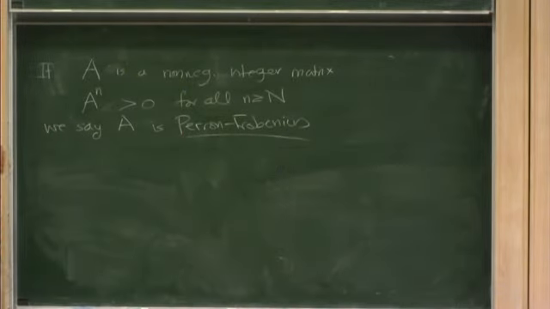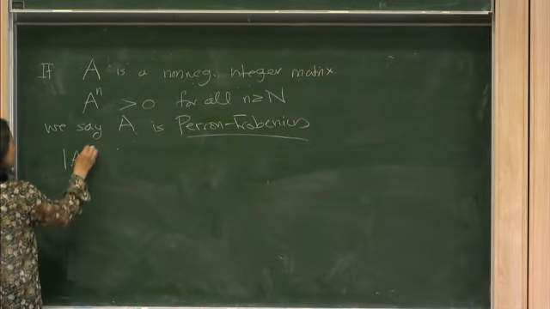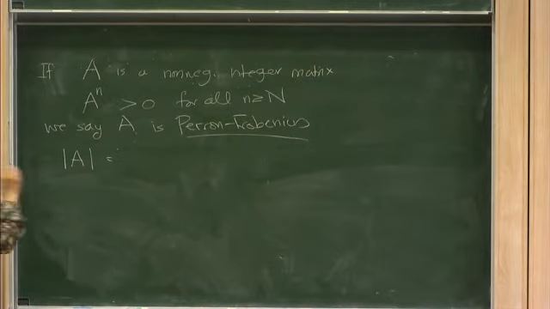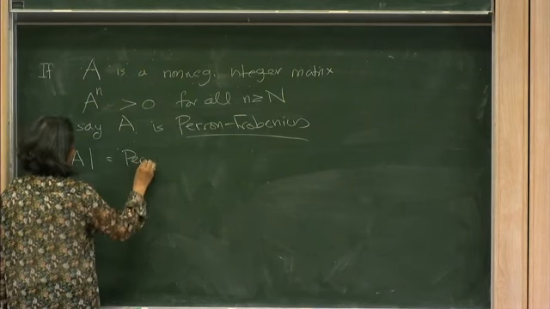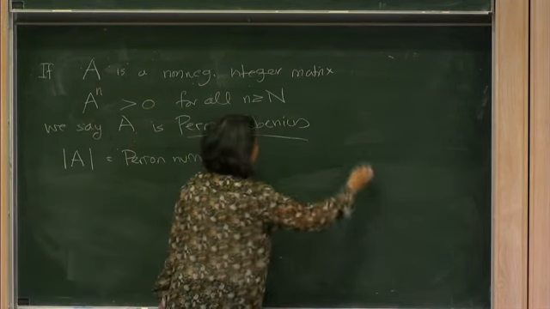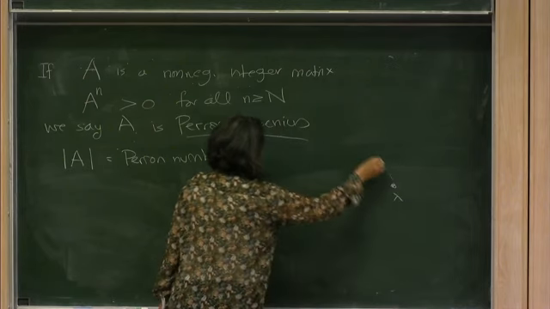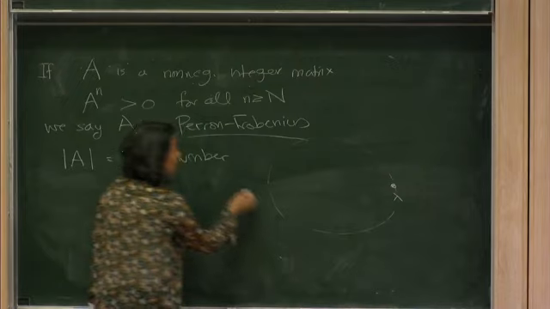And it has the property that this largest eigenvalue, which I'm denoting that way, is a Perron number, which means that it's a simple eigenvalue.